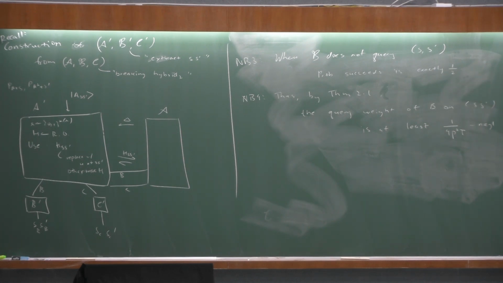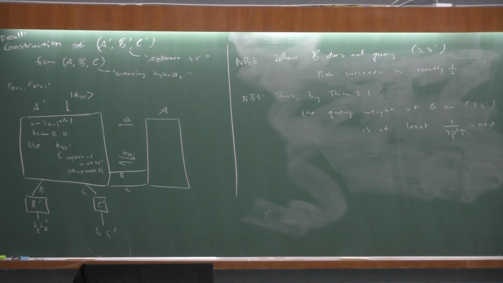But when you run B, by the fact that you're bounded away from half, your probability of success is going to be at least 1 by 4p. This statement is not quite correct, but we'll come to it.